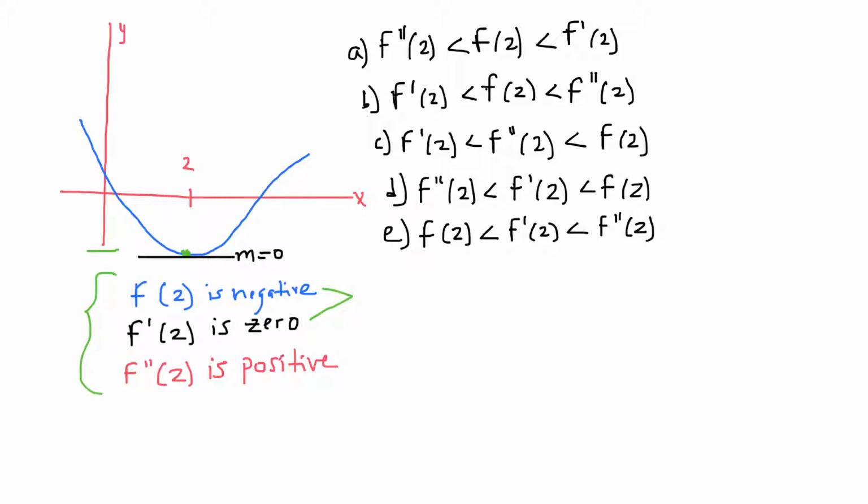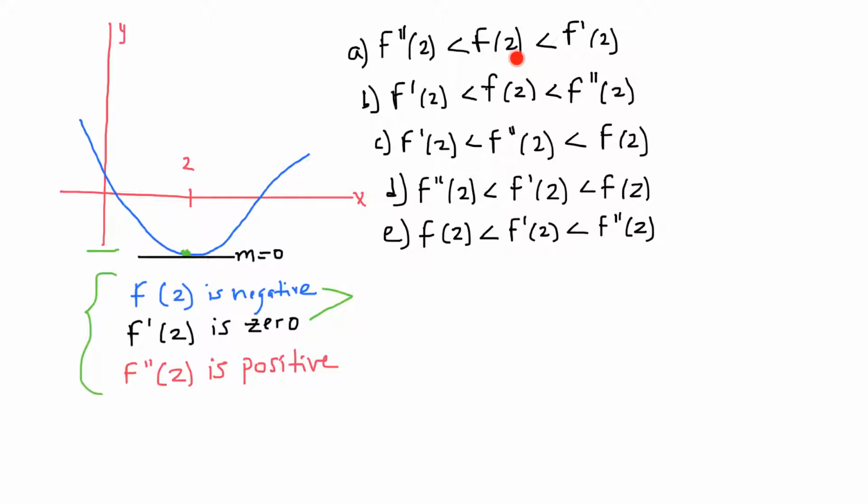Now, looking at the inequalities, you have less than signs. And more often than not, that's what they use, a compound inequality with less than signs. If I look at letter A, it says that f double prime of 2 should be less than f of 2, which means f of 2 is greater than f double prime of 2.